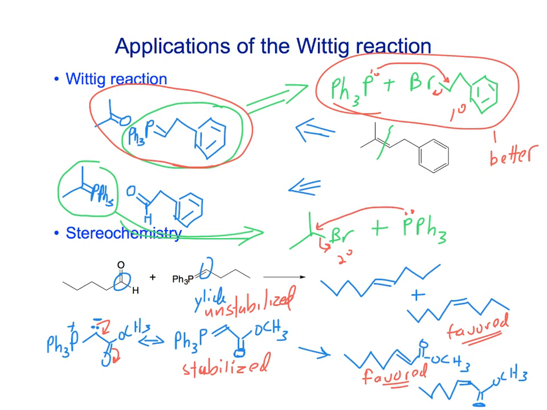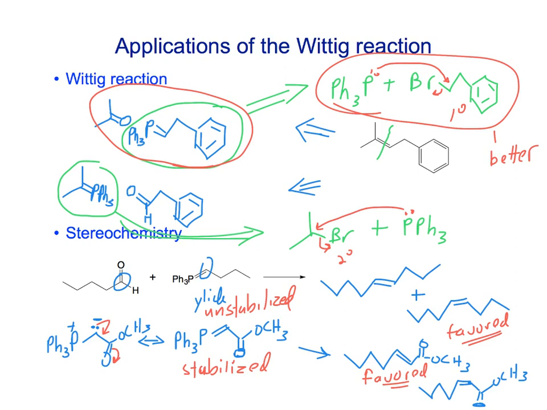Okay? When we stabilize it, the ylide is much less basic, and so it's a better leaving group. And so it can go on, it can come back off, and the reaction becomes reversible. And so then, when the reaction is reversible, that leads to thermodynamic control.